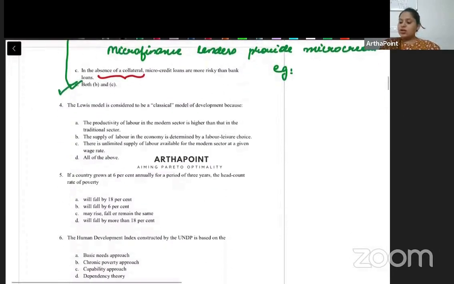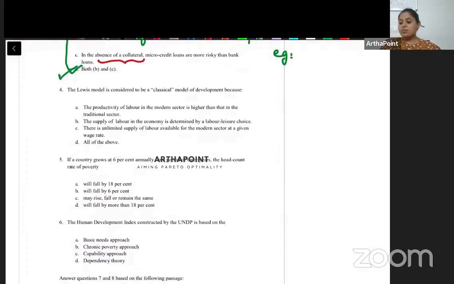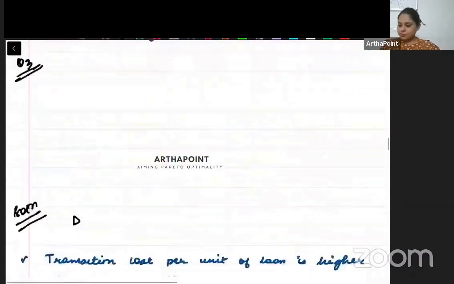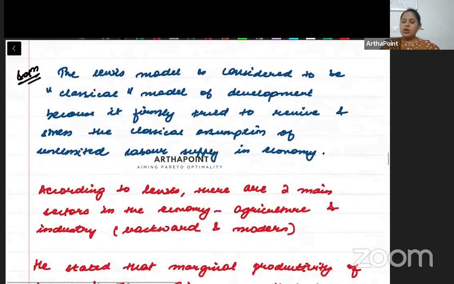The Lewis model is considered to be a classical model of development because... Okay, so what we should do is study a bit of the Lewis model. One of the assumptions of the classical model is that there is unlimited supply of labor.